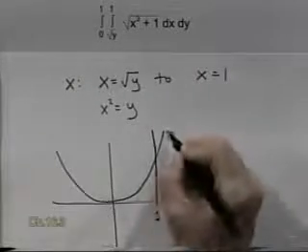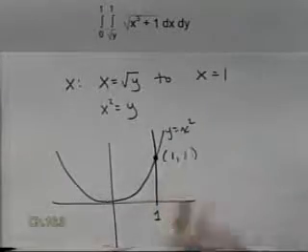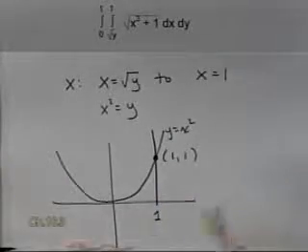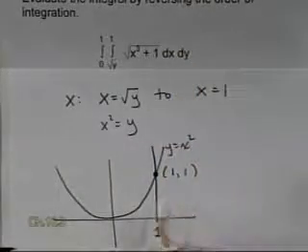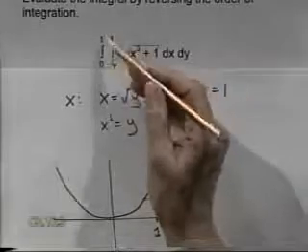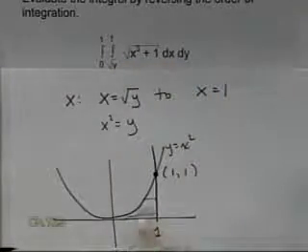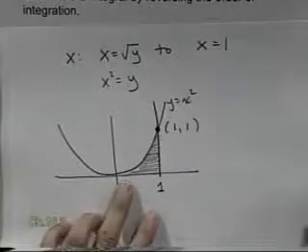If this is y equals x squared, what's this point right here? 1, 1. So in this integral, x is ranging from square root of y to 1. And what are the y's ranging from? From 0 to 1. That's my region right there.